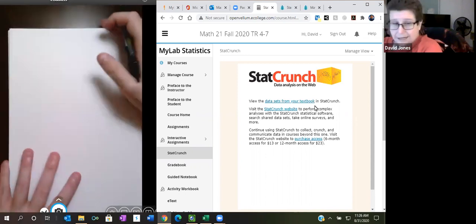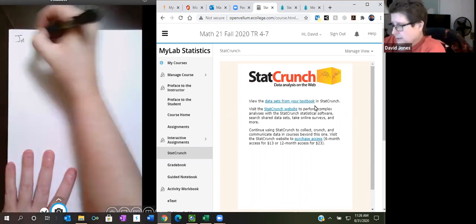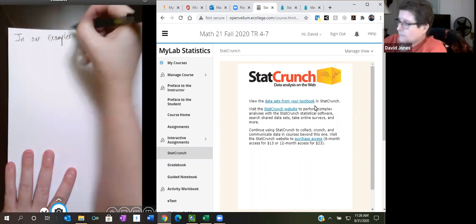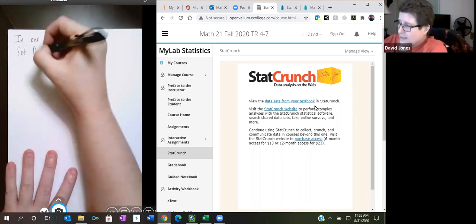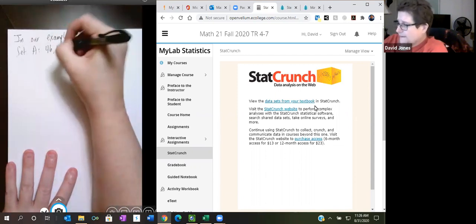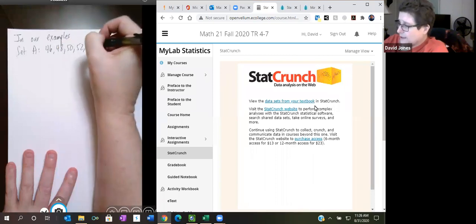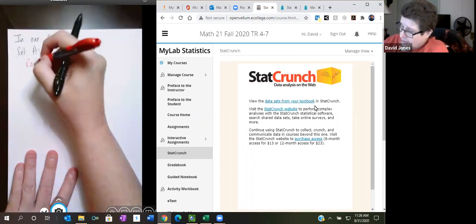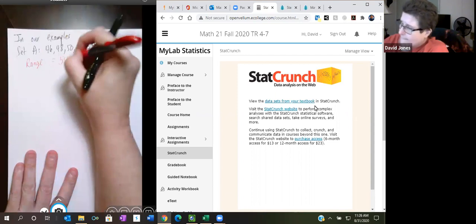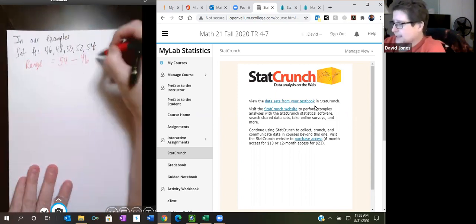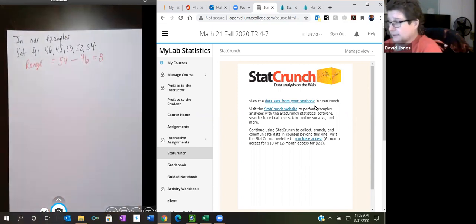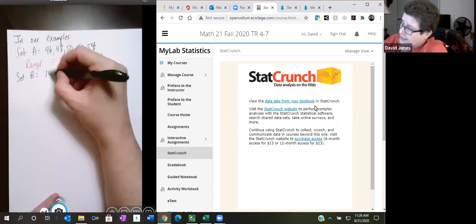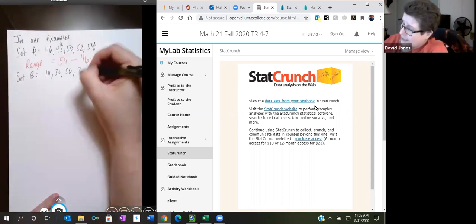So in our examples, set A, 46, 48, 50, 52, 54. The range is the largest, which is 54, minus the smallest, which was 46. The range is 8. For set B, 10, 30, 50, 70, 90.